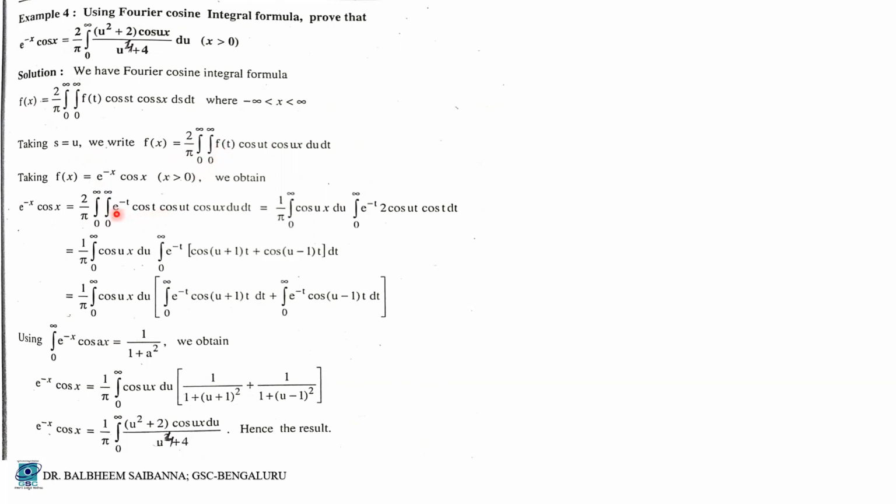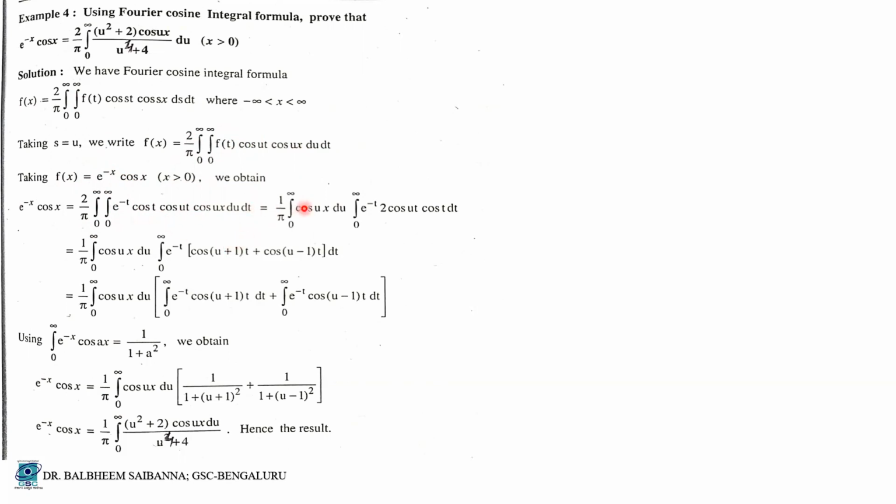Here we want it in terms of t, so we define f of t in this form, e to the power of minus t cos t, and cos ut as it is, cos ux as it is, du dt as it is.